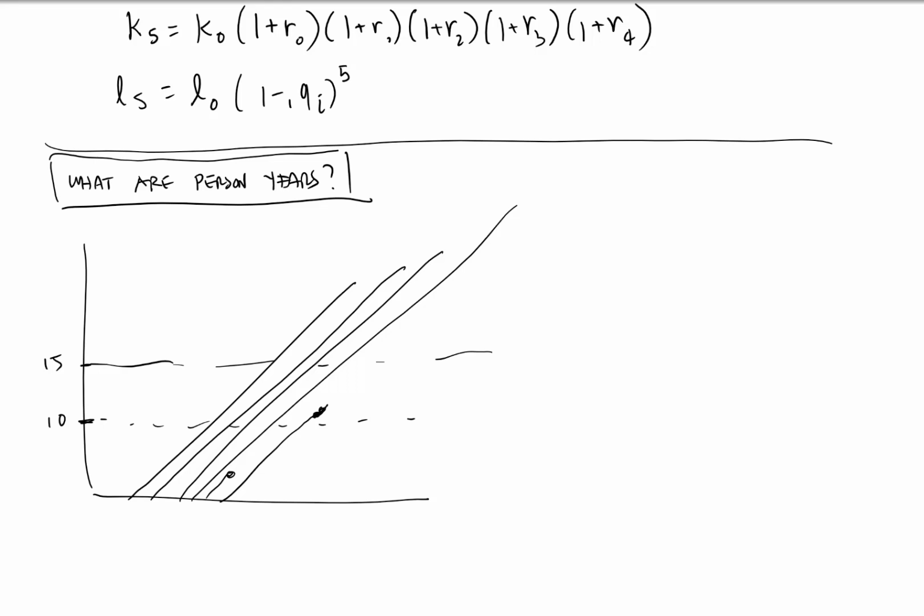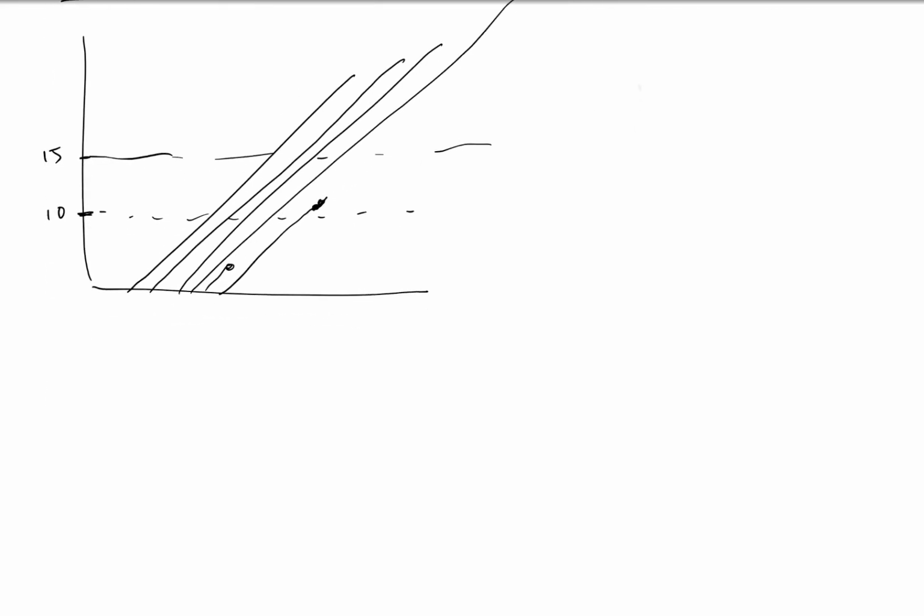So what we're going to do is add up the lengths of all of those lines, and that's going to give us the total number of person years lived. Well, we already actually remember how we created the Lx curve. Now this is our L curve, and this is our age over here, before we had age over here.